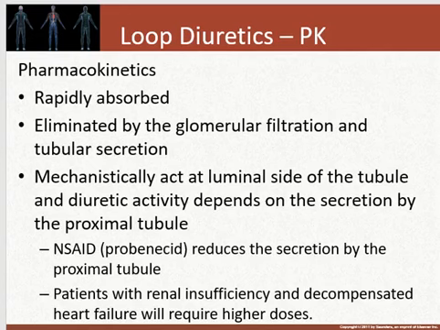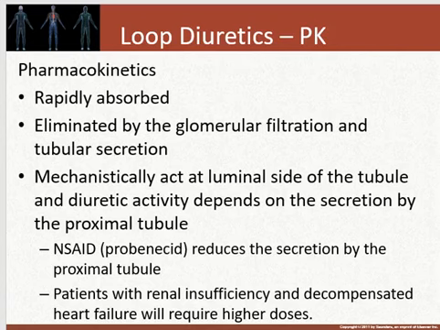These drugs are rapidly absorbed. They're eliminated by glomerular filtration and tubular secretion, and mechanistically they act at the luminal side of the tubule. The diuretic activity is really going to be dependent upon the secretion of this drug at the proximal tubule.